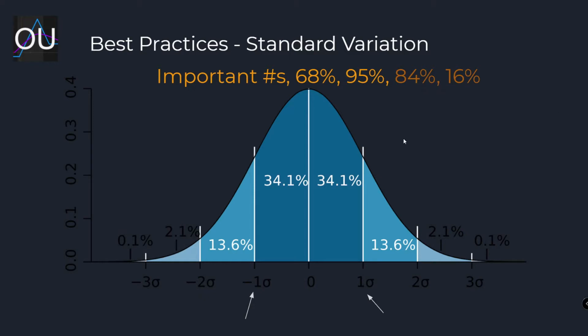But the most important thing to remember is that stocks have a 68% chance of falling in that one standard deviation move, so it'd be above and below the current price. Then 2 standard deviations is the 95th percentile, which means that a stock would fall within that 2 standard deviation move about 95% of the time.